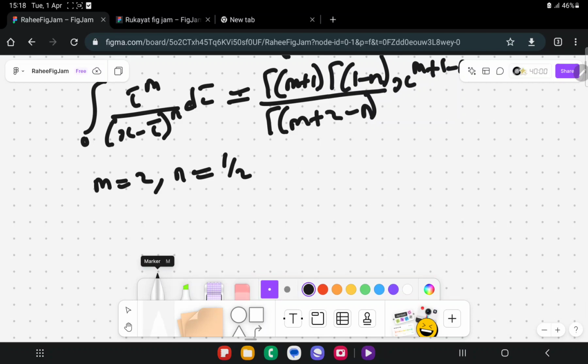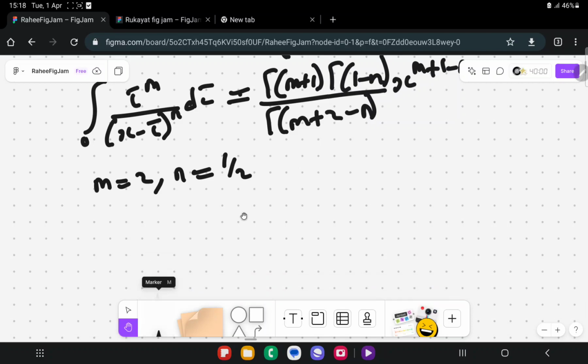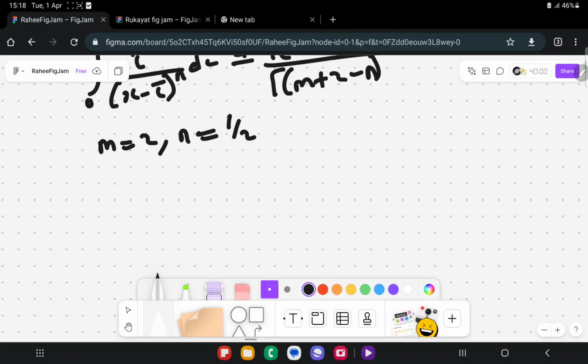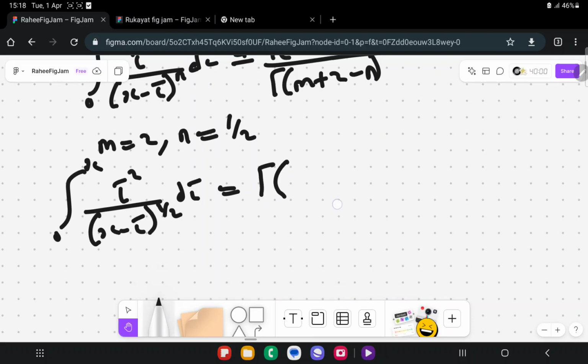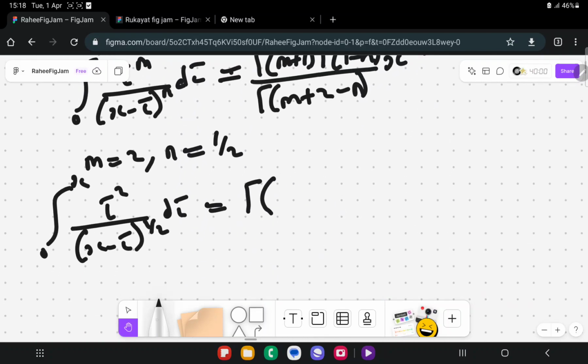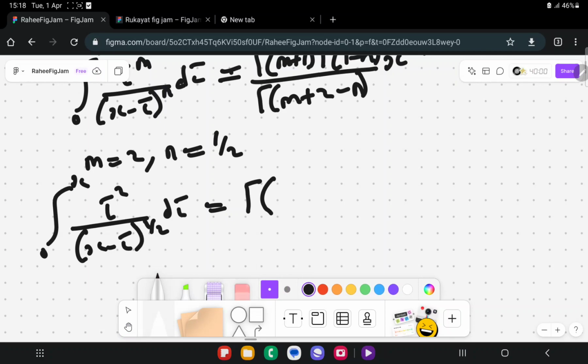So now applying the same formula, remember what we're doing is simply solving the integral. We have tau squared all over x minus tau raised to power 1 all over 2, d tau, given by gamma of what again? M plus 1, and our m is 2. 2 plus 1 gives us 3.